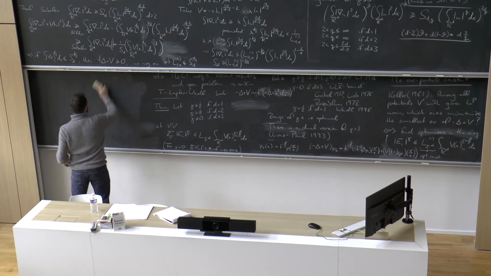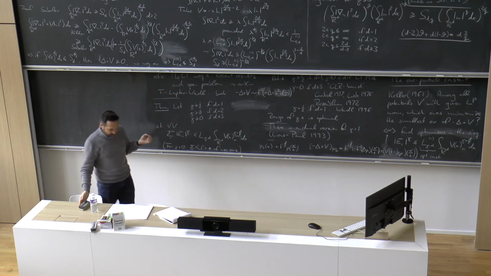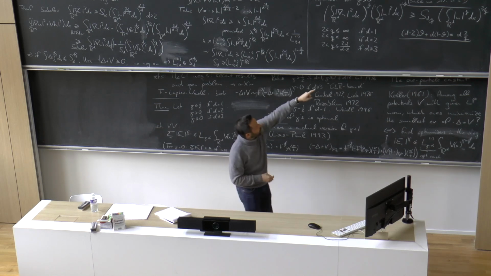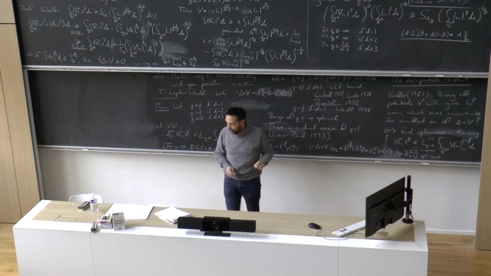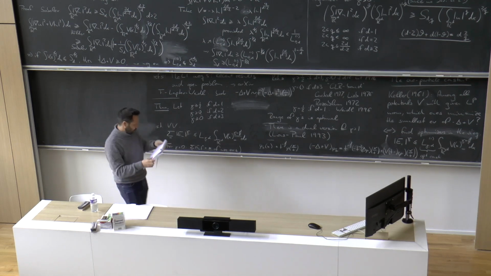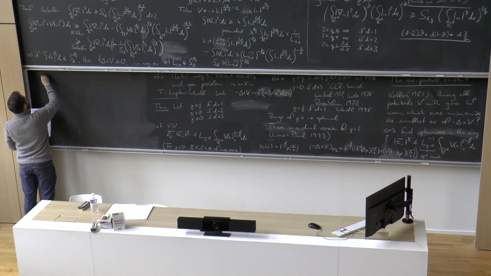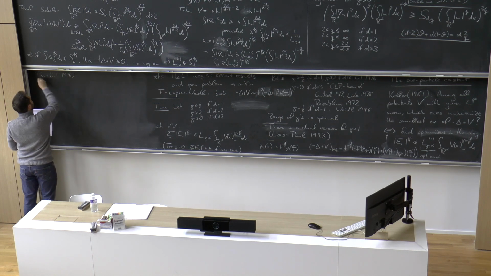The thing that I will tell you is that the one-particle Lieb-Thirring constant, this L gamma D1, is equivalent to this constant S in the Sobolev interpolation. Okay, so the theorem, this is Lieb-Thirring 1976.